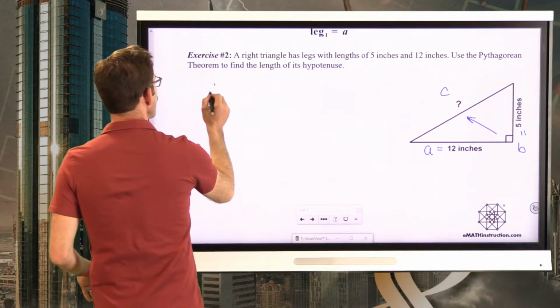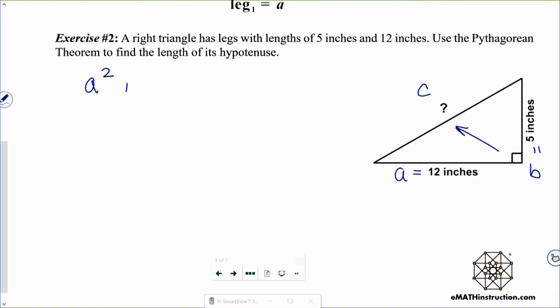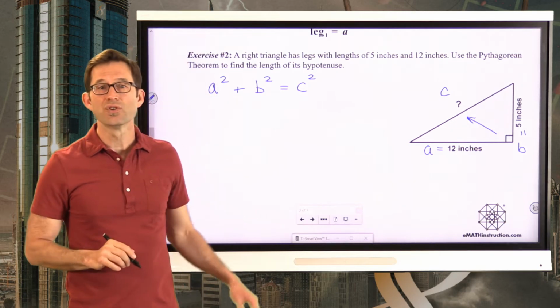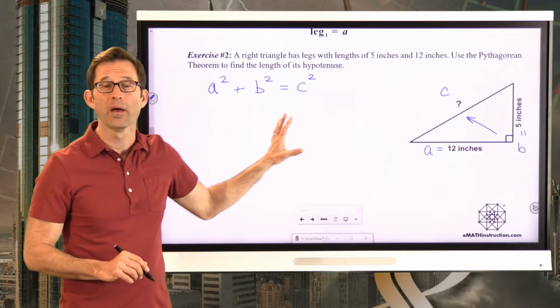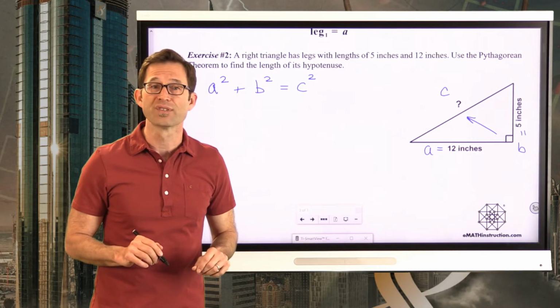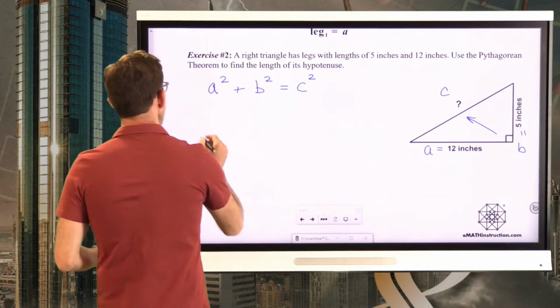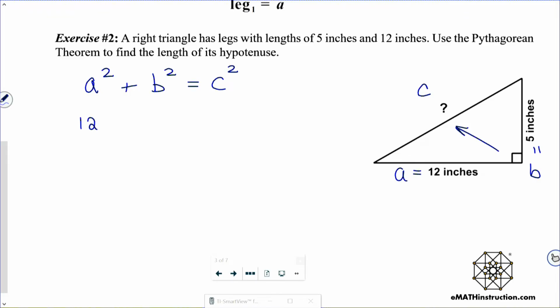Now, the Pythagorean theorem tells me that if I take A and I square it, take B and I square it, and I add them together, I will get the square of the hypotenuse. So let's substitute the known numbers that we have now for A and B into this formula and see how we can figure out the value of C. All right, so here we go. For A, I'm going to put in 12.